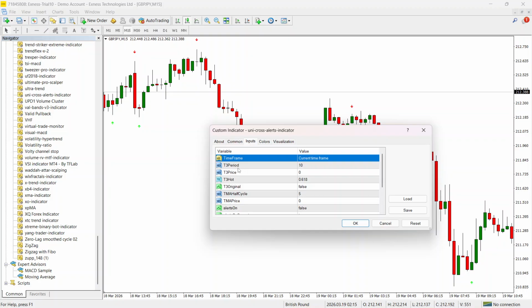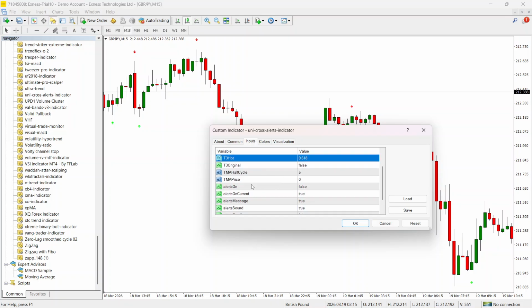T3 price defines which price source, such as close and open or typical price, is used for the T3 calculation, while T3 hot adjusts how responsive that T3 component is, influencing the smoothness versus sensitivity of its output.